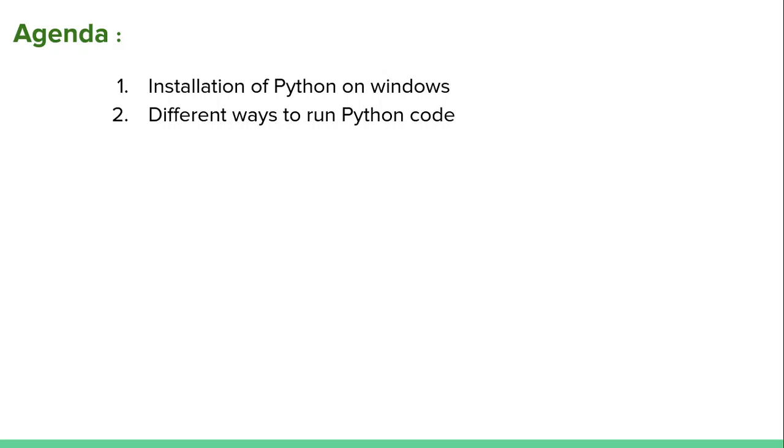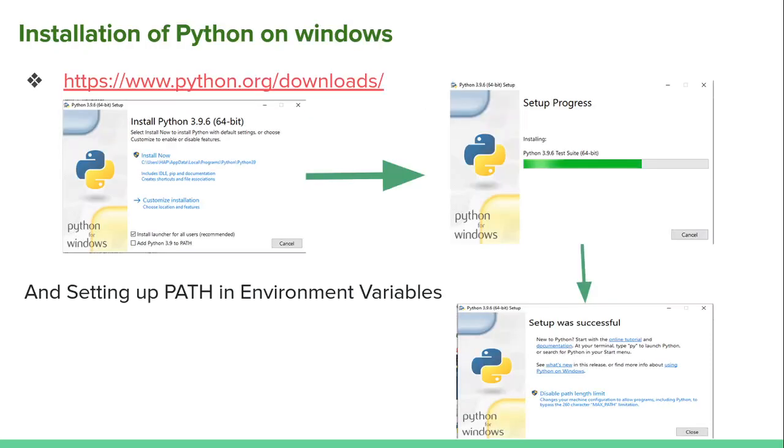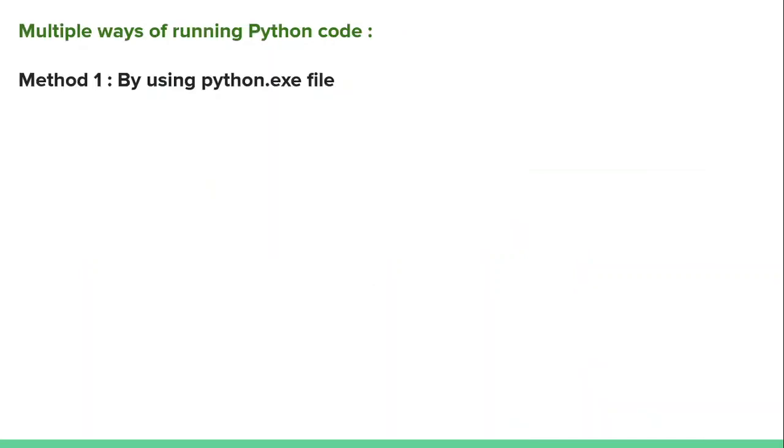That will download the exe file, and you double click on it and it will complete the installation of Python in your system. After installing Python, we have to add the environment variable in our path. Once you add the path in the environment variable, we can execute our Python code in multiple ways.